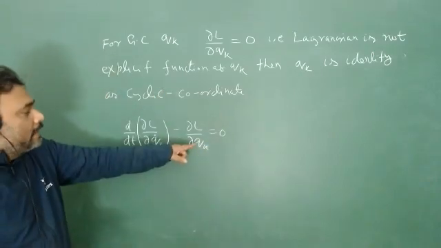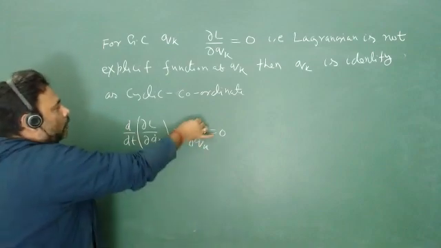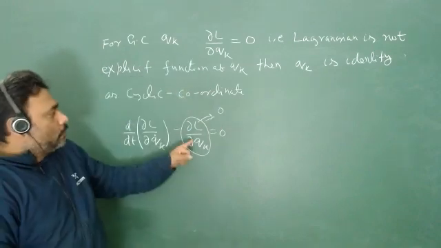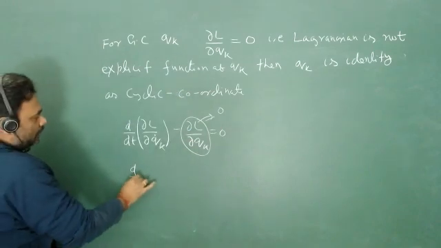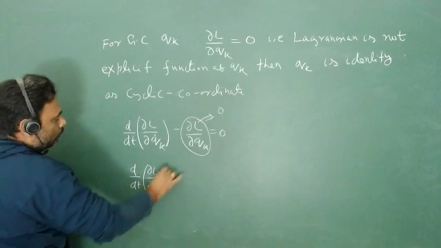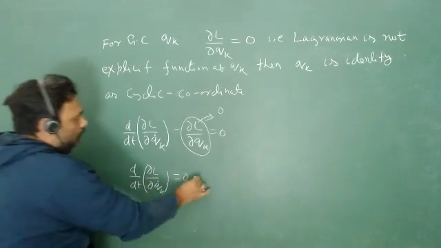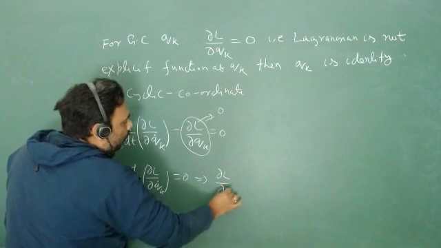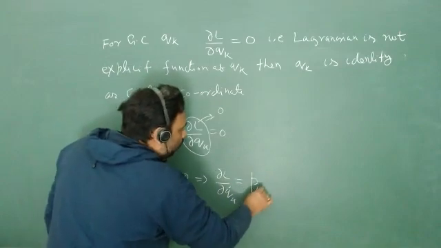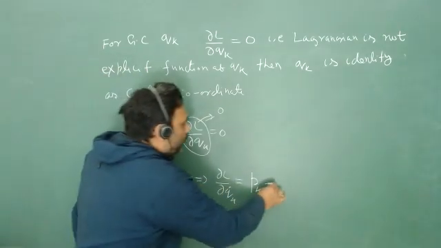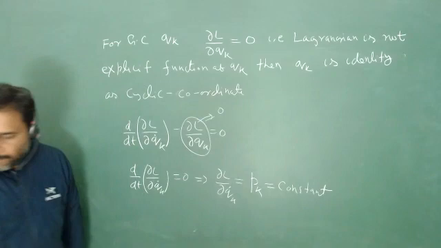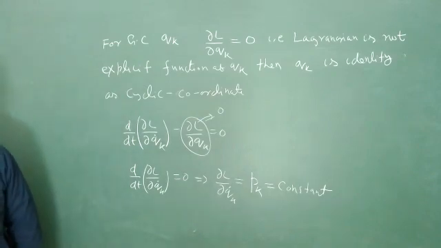If qk is a cyclic coordinate, then del L upon del qk is 0, which means d upon dt del L upon del qk dot must be equal to 0. So del L upon del qk dot, which is the generalized momentum pk, can be identified as constant.